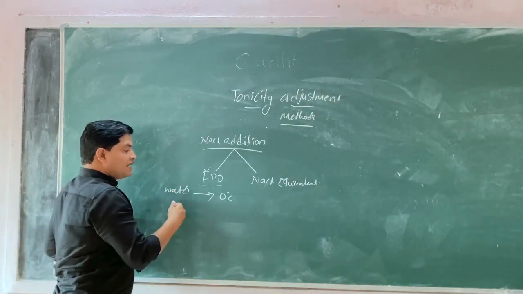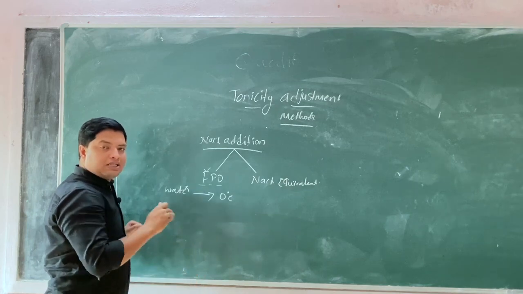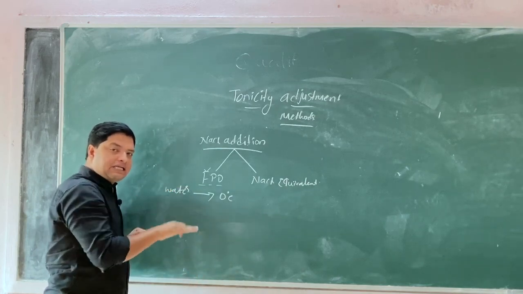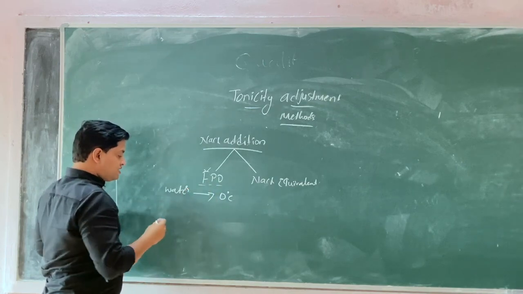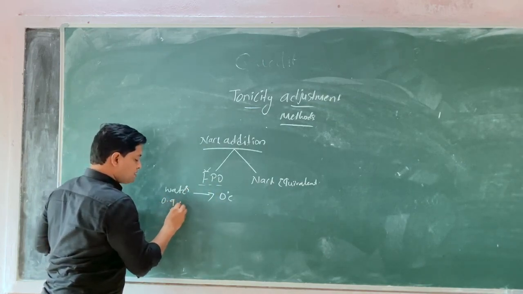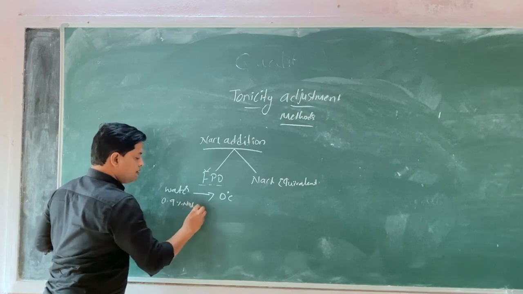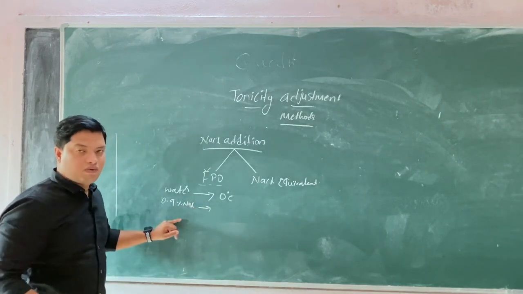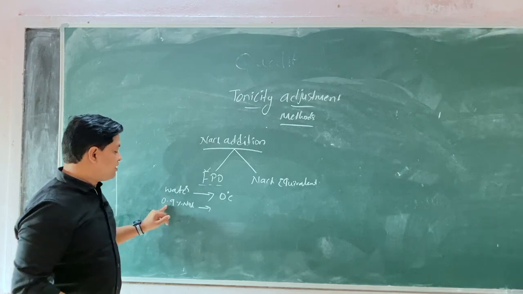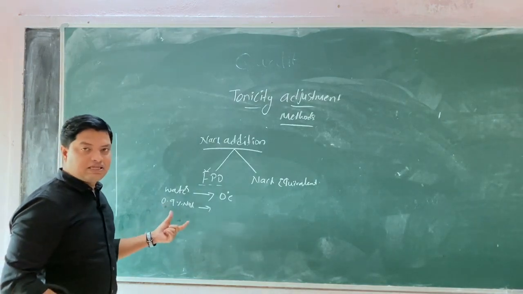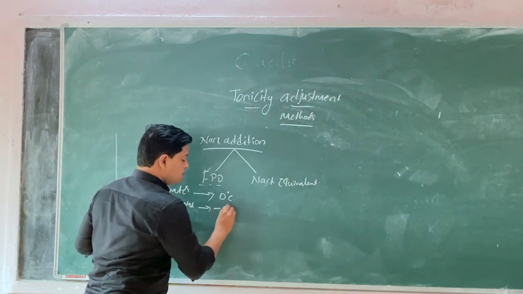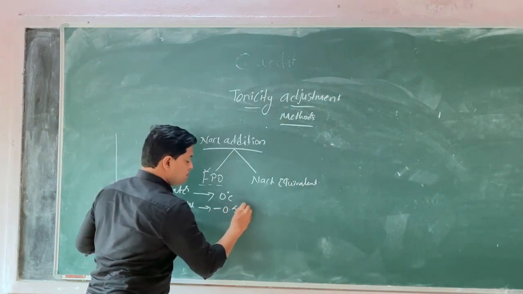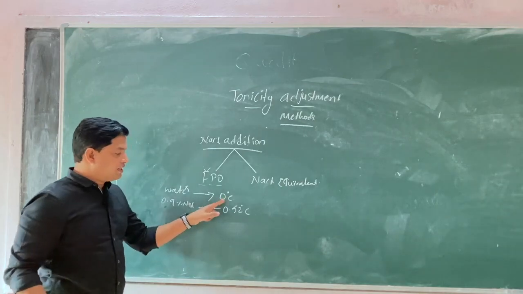Now, if I add anything to the plain water, this added thing will decrease the freeze point. That is freeze point depression. For example, if I add 0.9 grams of NaCl in water and try to freeze the 0.9% NaCl solution, it is going to freeze at minus 0.52 degrees centigrade.